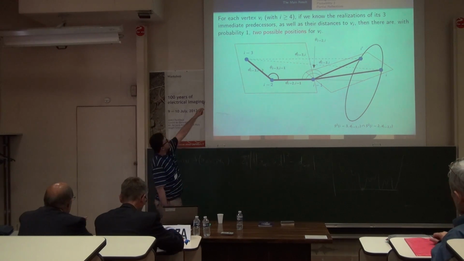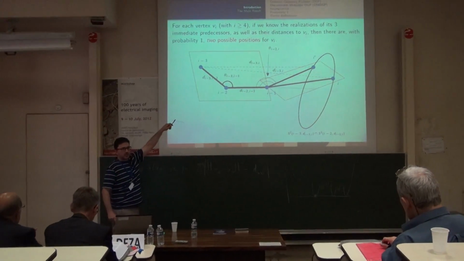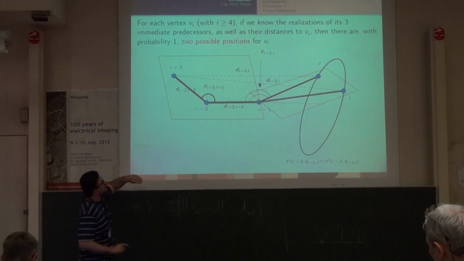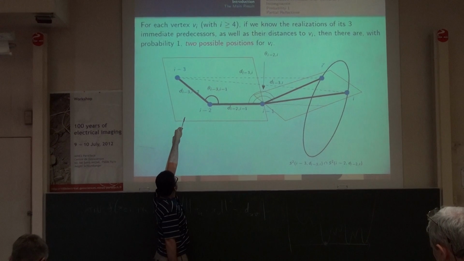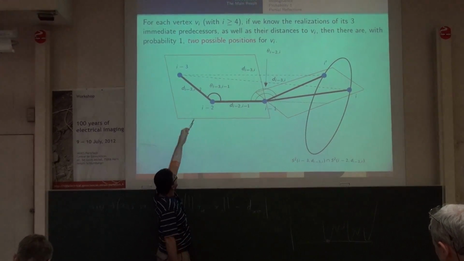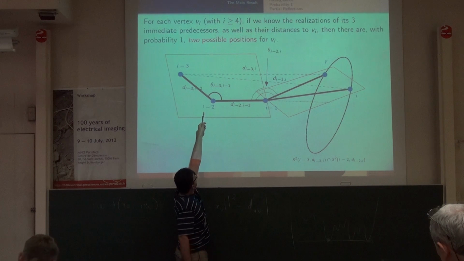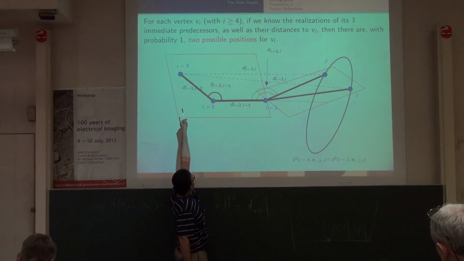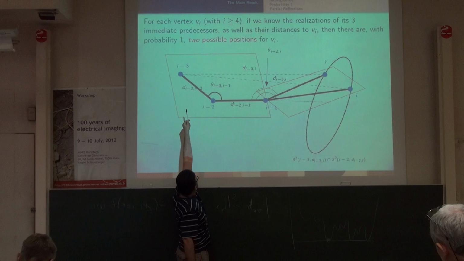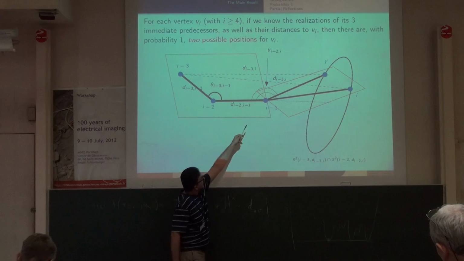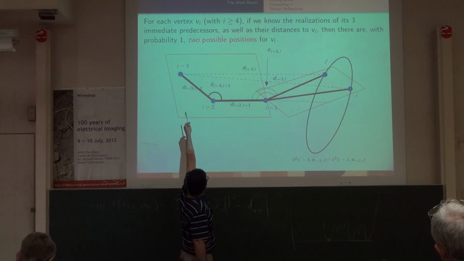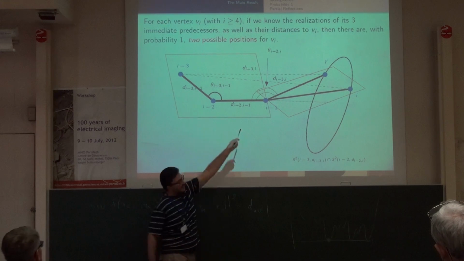Because suppose that we have atoms, and this is a backbone of a protein, for example. This edge we know a priori because it's related to a covalent bond. We also know a priori the covalent angle, so it means that we also have the distance between i minus 3 and i minus 1. And it's missing just the distance between i minus 3 and i.